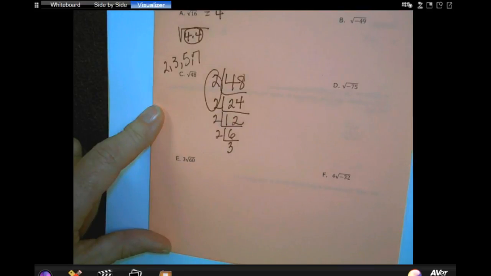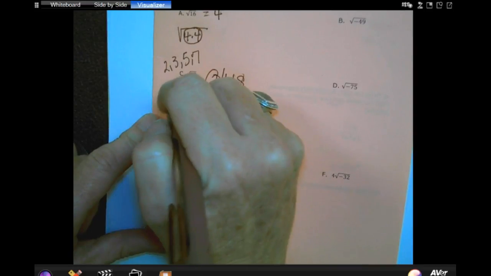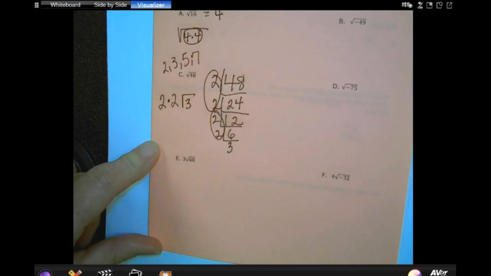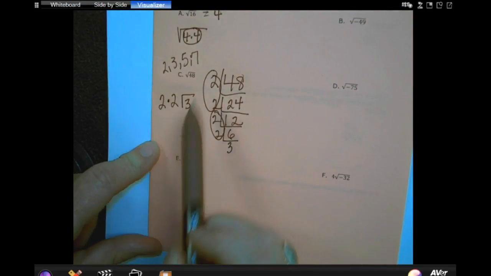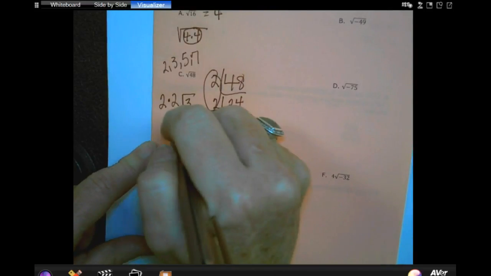These 2 get to go on a date, right? These 2 get to go on a date. And the poor 3 is a loser and he has to stay home. So, you have the 2 times 2 on the outside, and that's 4 times the square root of 3.